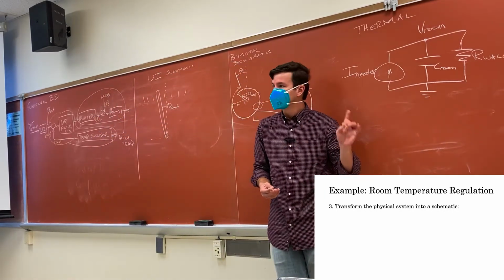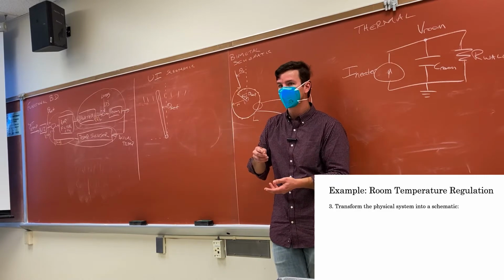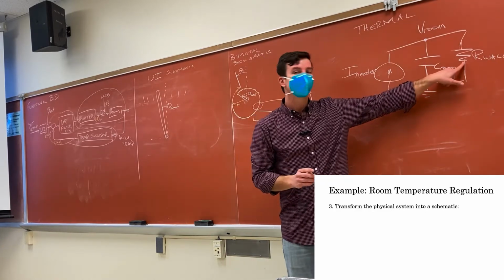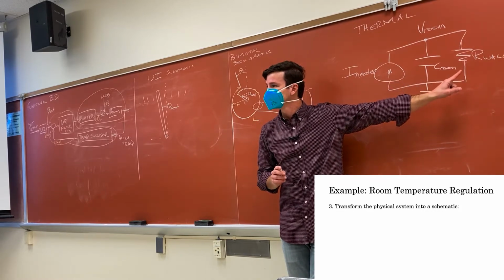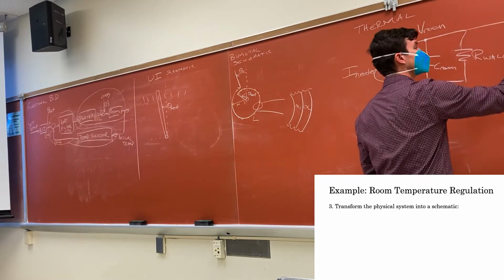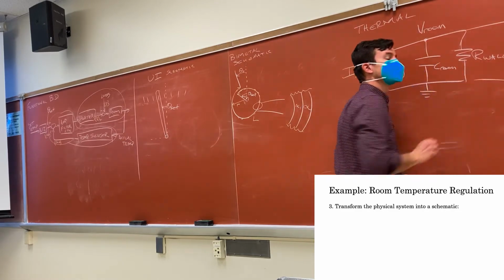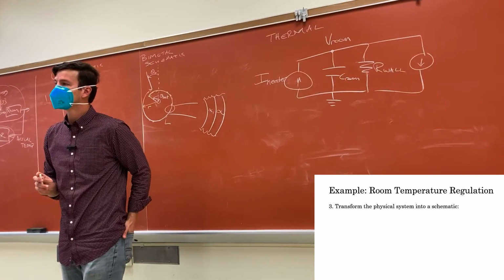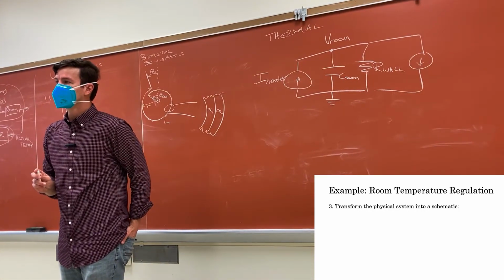And the reason I'm not representing the window being opened here is because the heat loss through the window doesn't necessarily follow an Ohm's law characteristic, does it? It's going to be kind of arbitrary, which suggests it should get its own current source. Could the resistor also be represented as the room in the schematic?